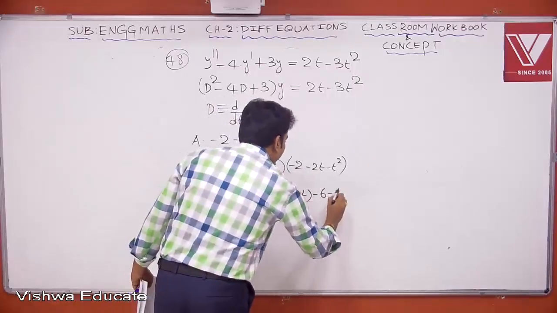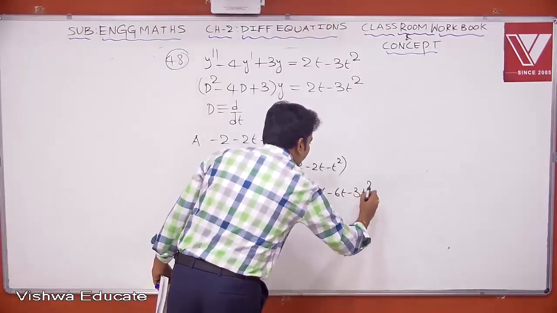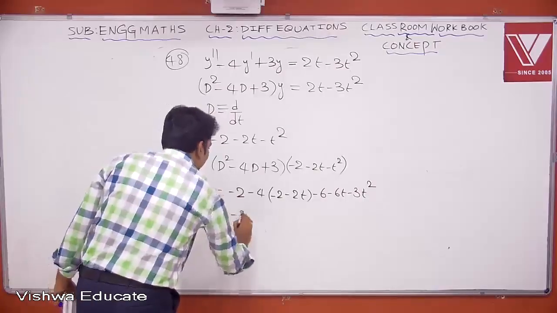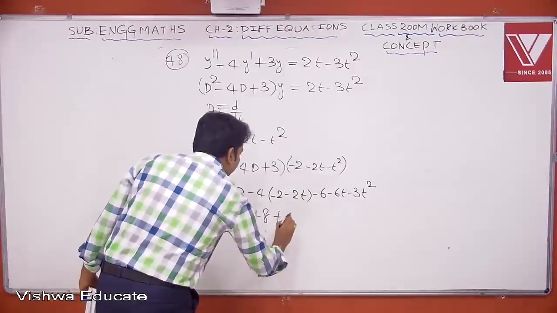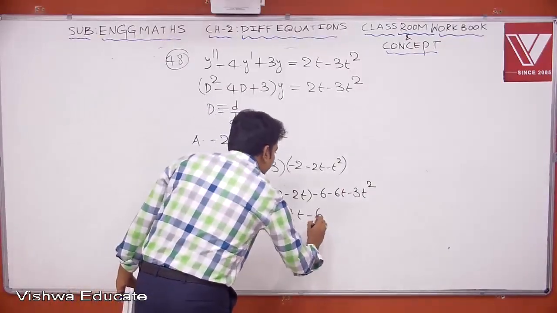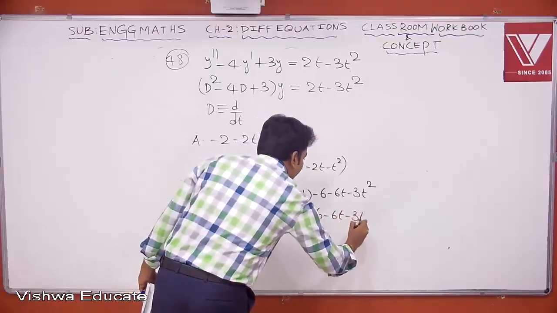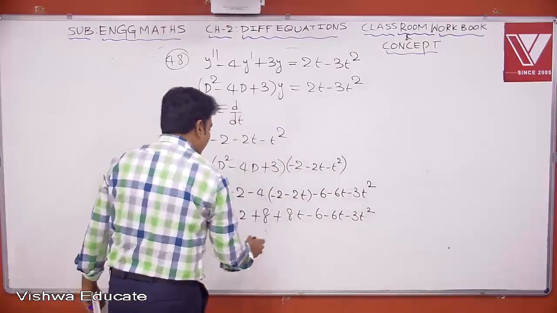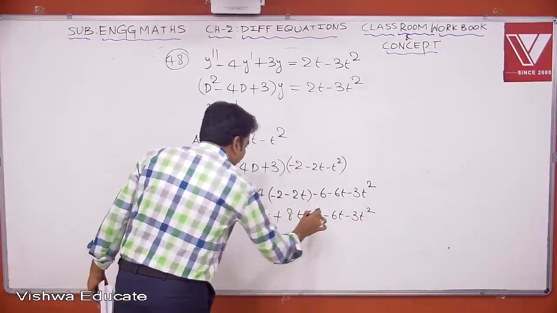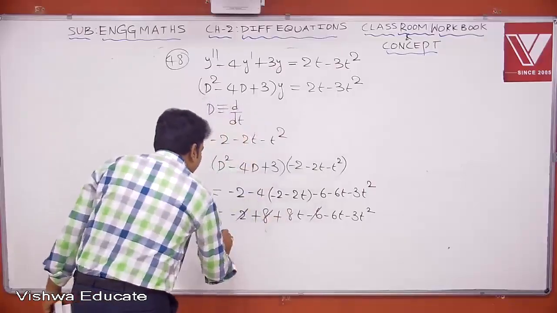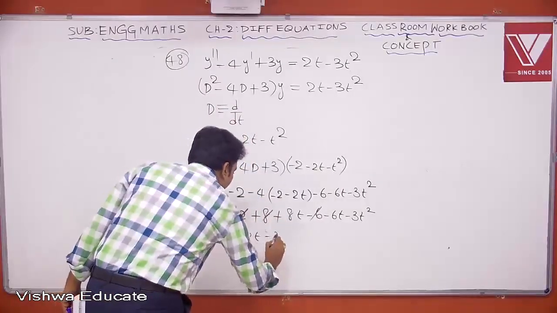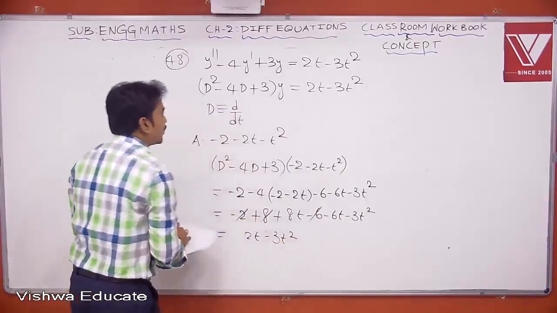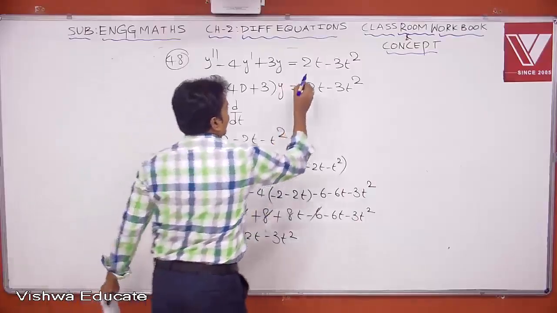So minus 6 minus 6t minus 3t square. Therefore, this is nothing but minus 2 plus 8t minus 6 minus 6t minus 3t square. So here the minus 2 minus 6 plus 8 will be cancelled. So therefore, this is nothing but 2t minus 3t square, which is nothing but the RHS expression.